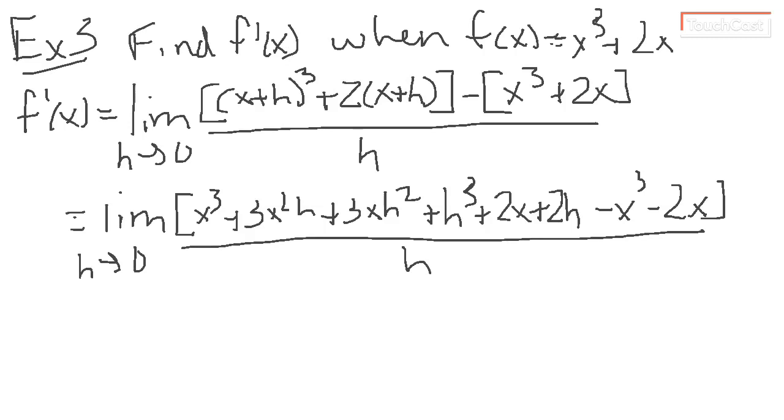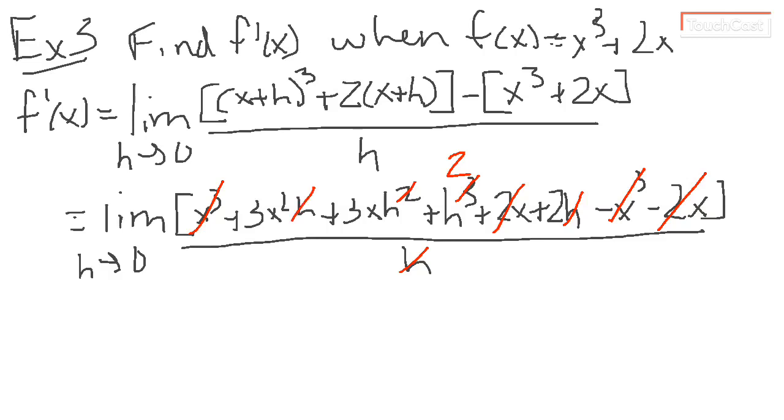Let's look in the numerator and see what we have that might cancel out. I see we have an x cubed and a minus x cubed, so let's cancel them out. I also see we have a 2x and a minus 2x, so they can cancel each other out. Every other term we're left with in our numerator has an h, and our denominator has an h, so we can cancel one of those h's in each term.